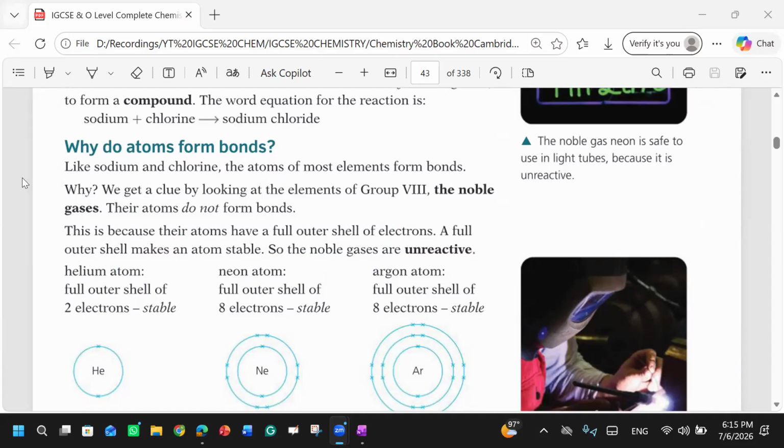A full outer shell makes an atom stable, so the noble gases are unreactive. Why are noble gases unreactive? Because their valence shell of electrons is full, they're stabilized.